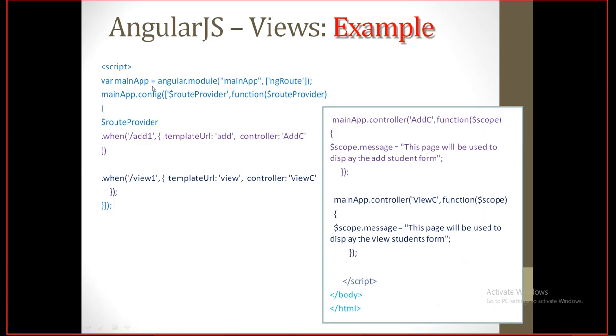Here we are creating the application module, or we can say we are referring to the created module. So with the angular.module function, we provide the name of the module whose reference we want, and we'll get the reference in this variable mainApp, for example. But if you remember, yesterday I told that if there is any dependency on any module, then the names of those modules are provided in square brackets as an array, right?